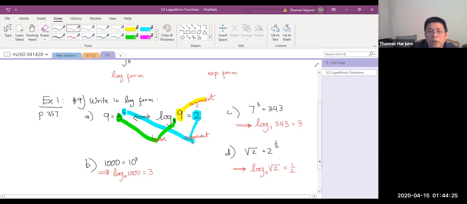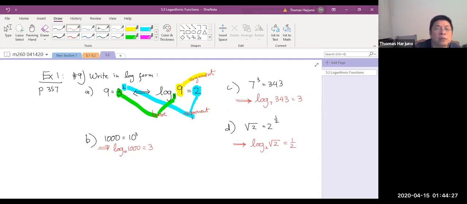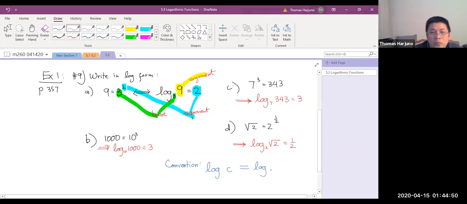Oh, you know what? Let me talk about some convention first. If you see log without any base of C, this means the base is 10.